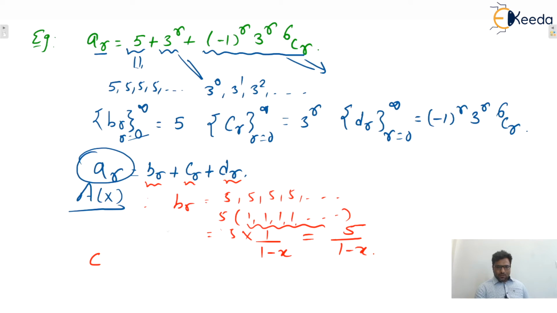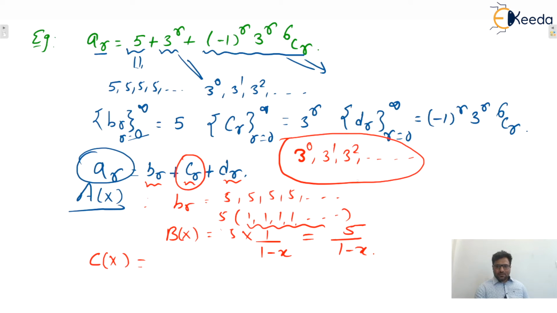Now the second one, CR. CR is 3 raised to power r, which we already discussed. 3 raised to power 0, 3 raised to power 1, 3 square up to infinity. That is the second sequence.